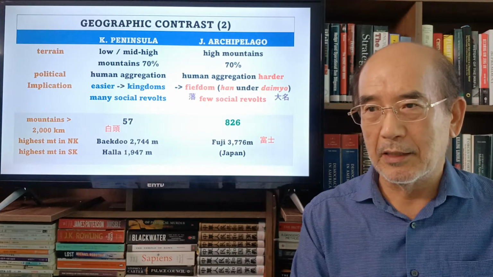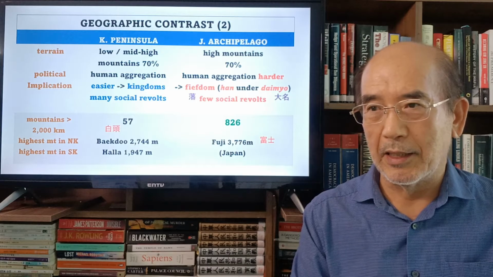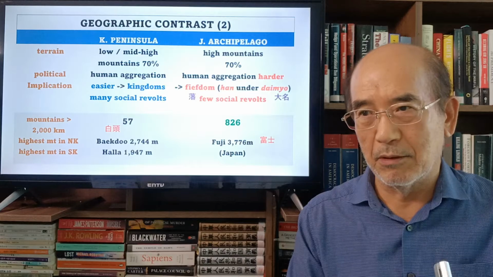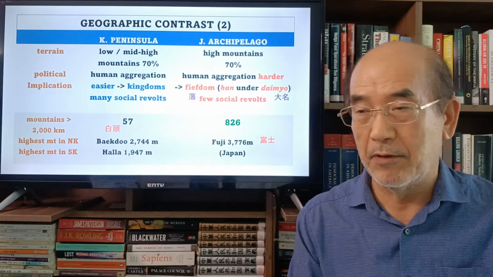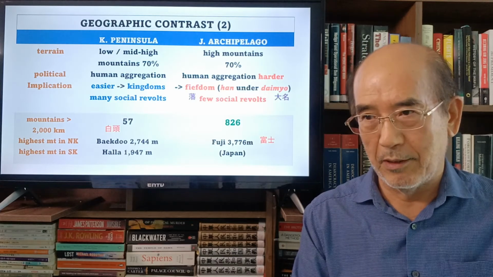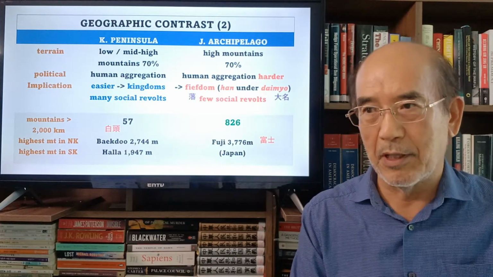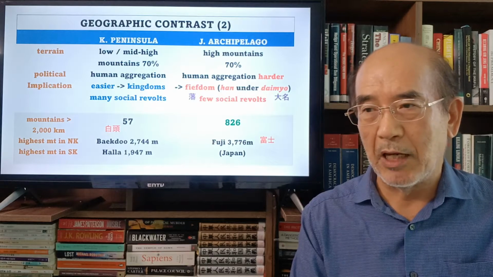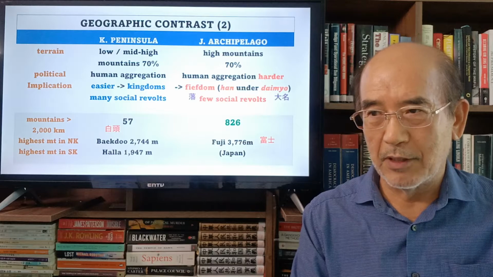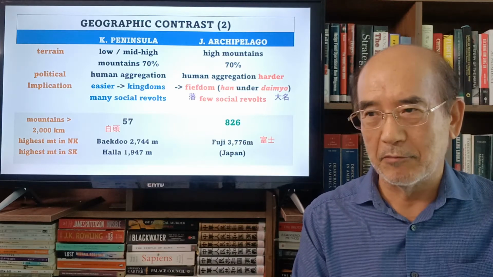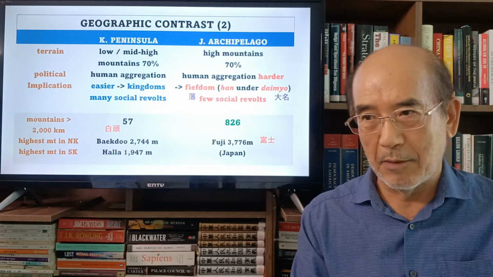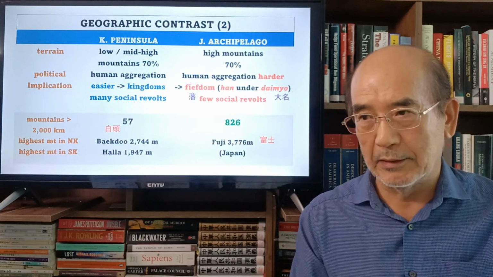Korean mountains are not really high. Mountains whose peaks are higher than 2,000 meters number about 57 in the Korean Peninsula, and most of them are in North Korea. So in South Korea alone, the highest mountain is 1,947 meters, less than 2 kilometers in height, which is Halla Mountain, in the middle of Jeju Island.